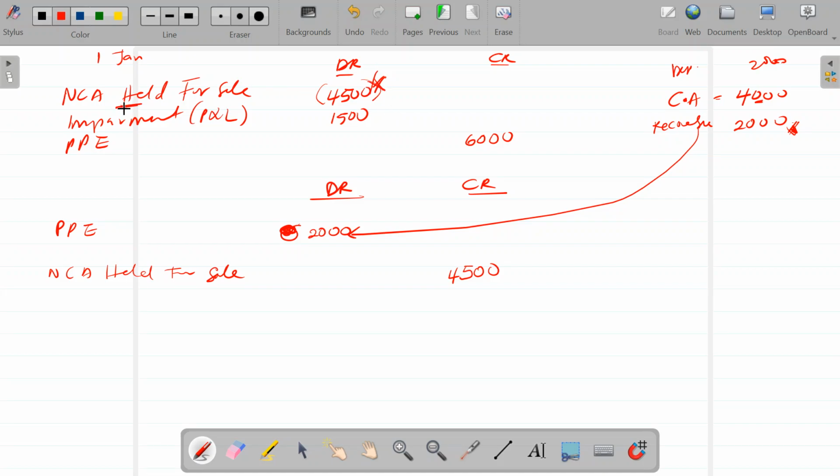This held for sale that we initially recognized here, we have to remove it from current assets. So to do that, we have to credit it, to take it out of held for sale.